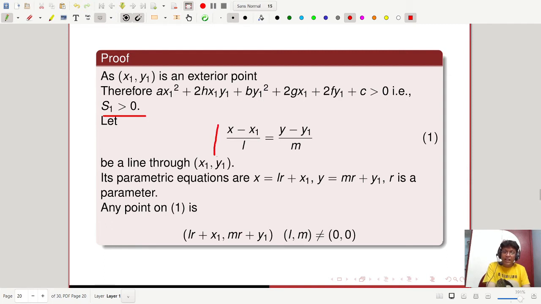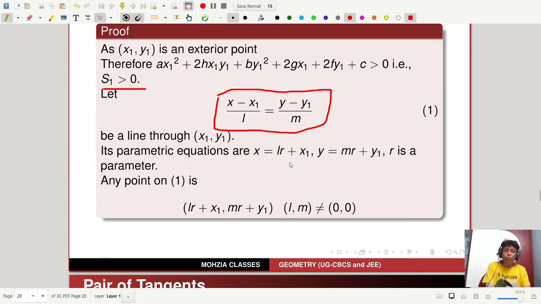And let (x minus x1) by l equal to (y minus y1) by m be a line through x1, y1 in the symmetric form. You can write the two-dimensional line in this form also. Its parametric equations are, if you write this equal to r, then x equal to lr plus x1 and y equal to mr plus y1, right?